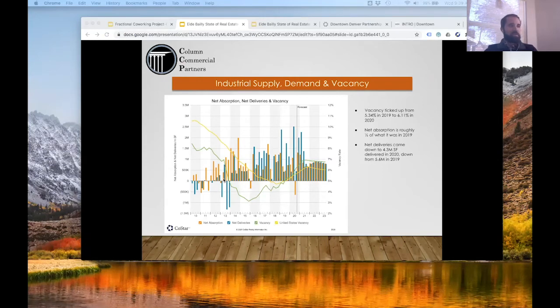So in 2013, you can see that these net deliveries were actually negative, meaning that, and I'll touch on this on the next slide, there were demos that happened, demolitions of old product in Denver right before legalization hit in 2014. So we lost product, and all of a sudden we had a need for warehousing space that created a demand shock on the order of about 1.5% to 2%.